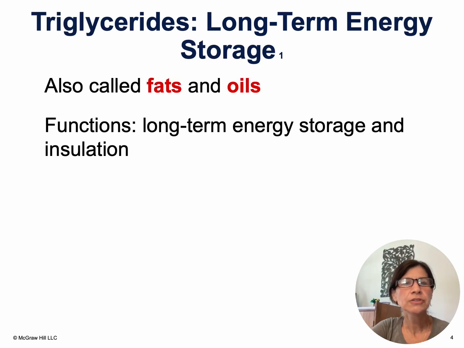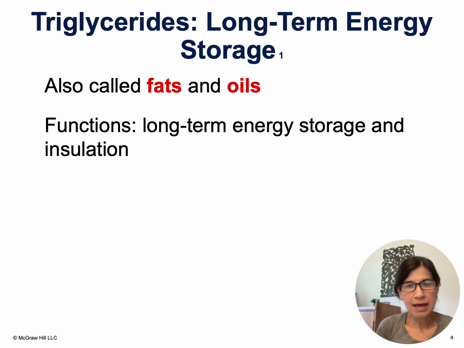So we're going to start first with triglycerides. So triglyceride is the larger lipid, and it's going to be made up of the subunits, the building block. A common term that people use to talk about triglycerides are fats and oils. Both fats and oils function in living things to store energy.